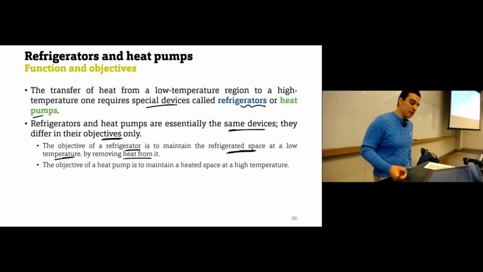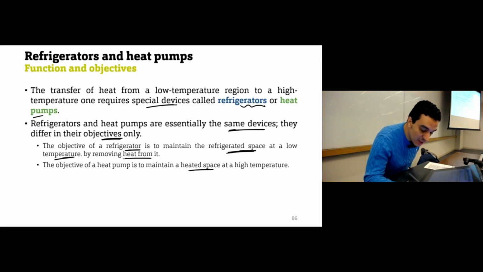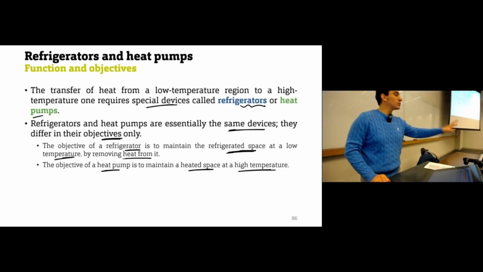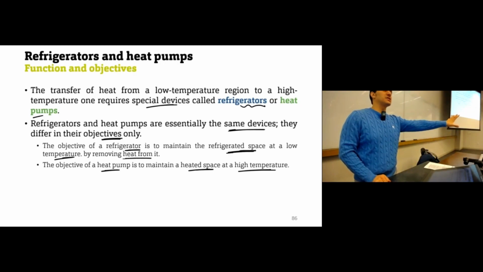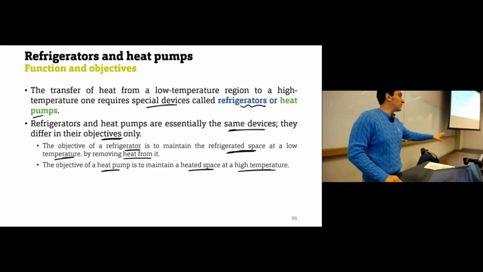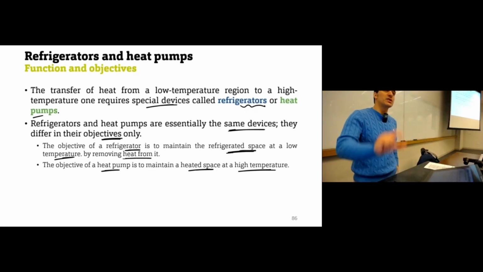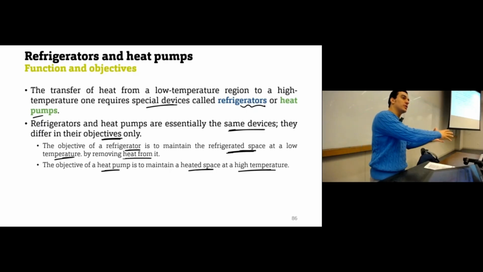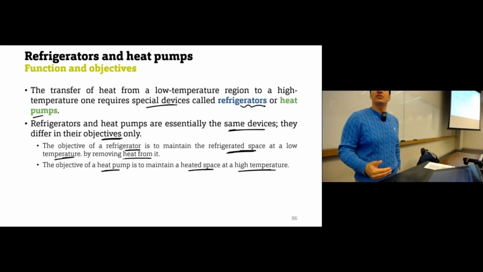If the objective is to maintain a heated space at high temperature, now your device is called a heat pump. So refrigerators and heat pumps are the same thing, consisting of the same components, but only the objective is different. If you have a low temperature space and you want to keep it at this low temperature, you have a refrigeration cycle.